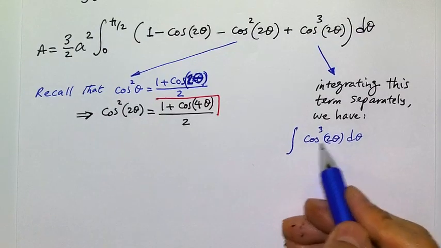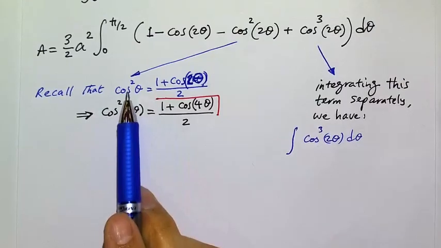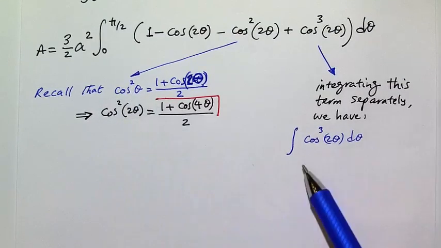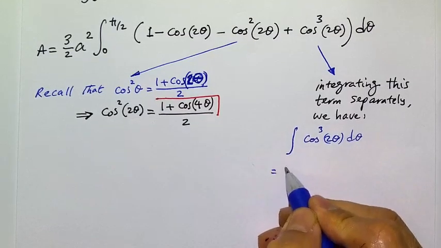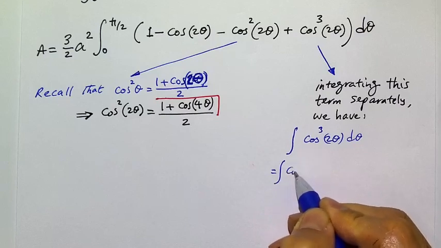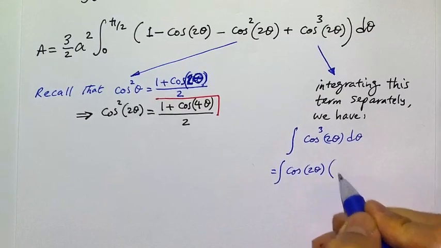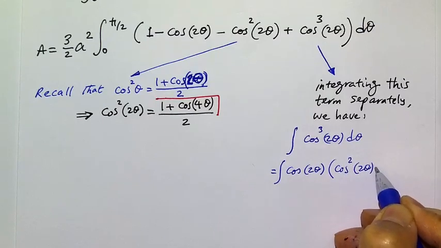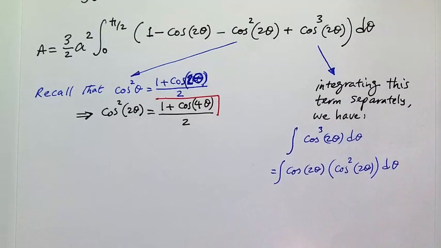And then we can separate this and write it as a piece that we know is going to help us: cosine squared 2 theta, and then cosine of 2 theta, d theta.